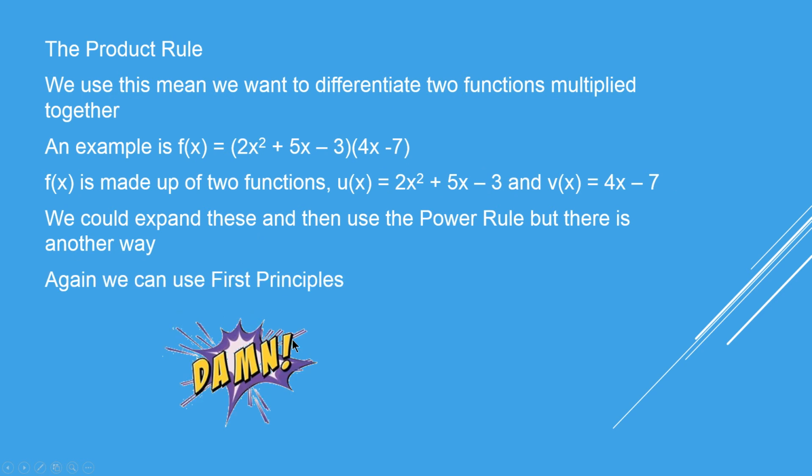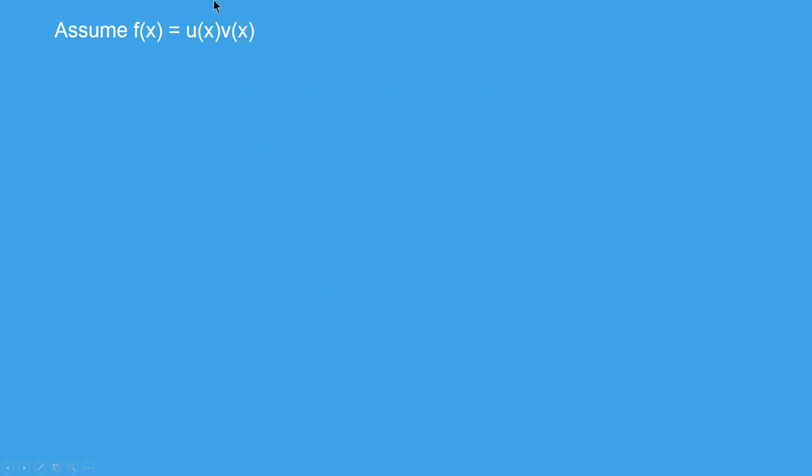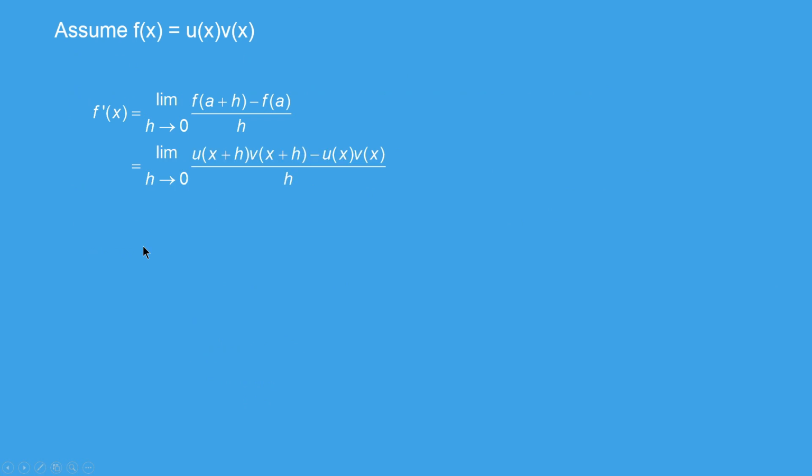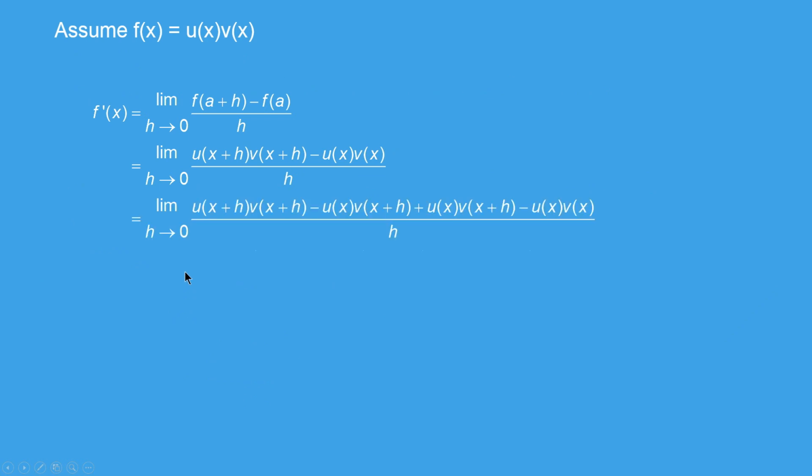And again, we can actually prove it using first principles. So if f of x is this thing here, u of x times v of x, then f dashed is the limit as h approaches 0 of u of x plus h times v of x plus h minus u of x times v of x all over h. Now, what I've done here, I've taken away u of x times v of x plus h.